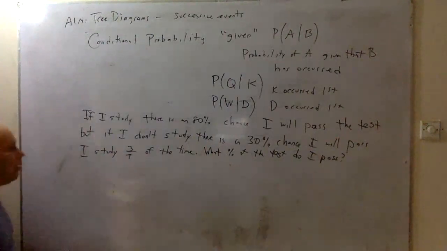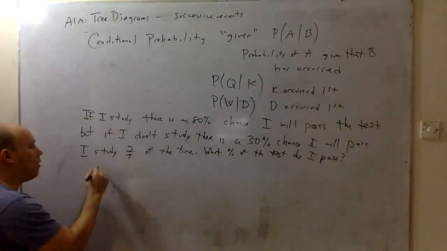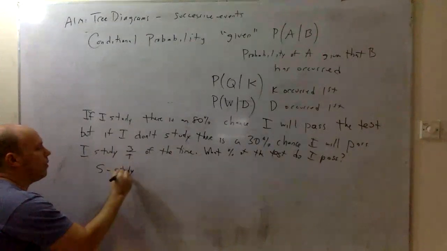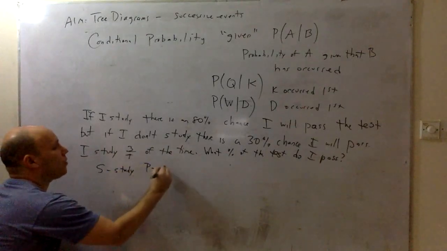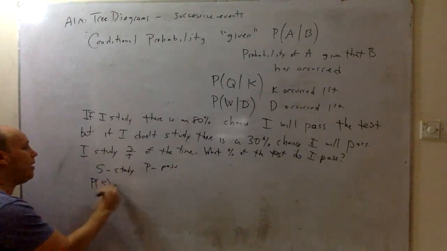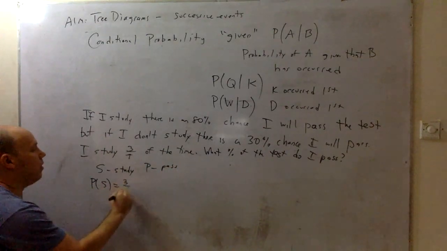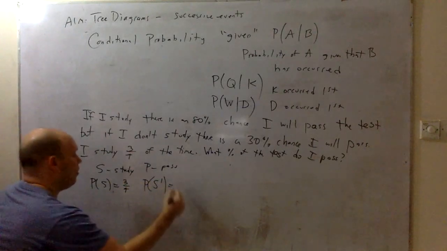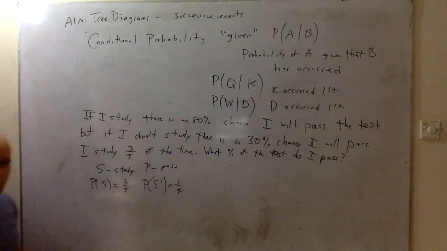Okay, let's get some notation down. So let's call S study, P pass. So the probability that I study is 3/4. So what's the probability I don't study? Well, that's 1/4.